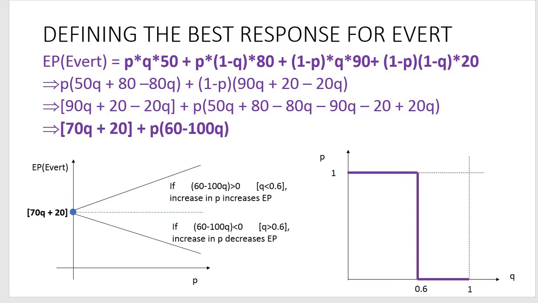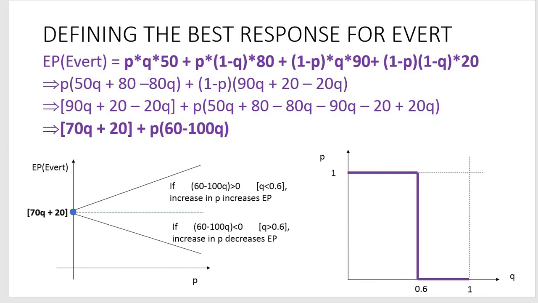By doing some basic mathematical operations, you can simplify this to this form, because on this part you have P as the common multiplier, and in this part you've got 1 minus P as the common multiplier. Then you open the brackets, to get basically the value of intercept, because it does not contain any P element, plus P times some expression.